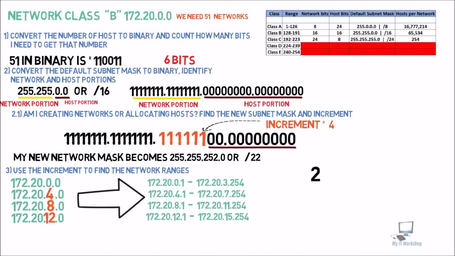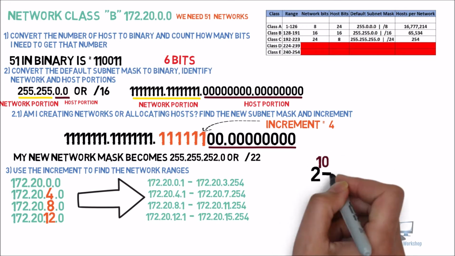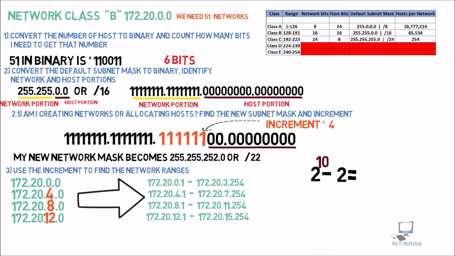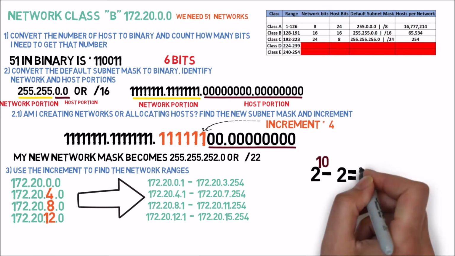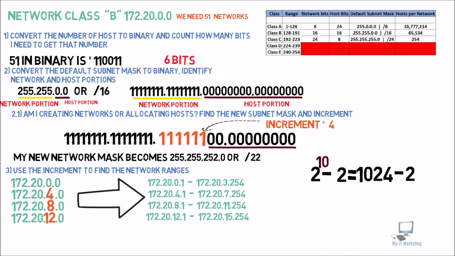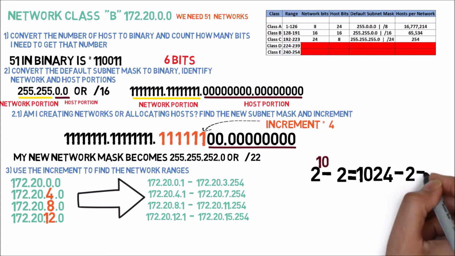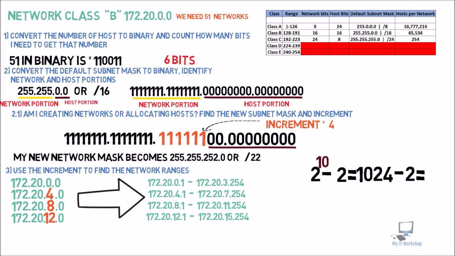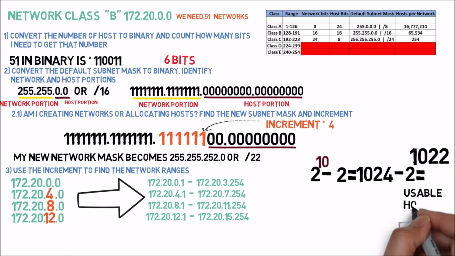As always, we're going to calculate the number of hosts per network. Again, I underlined the host portion, and it's going to be 10 bits. So 2 to the power of 10 minus 2 is going to be equal to 1024 minus 2, which is going to be 1022. So again, there are a lot of available IP addresses that I can use in this network.